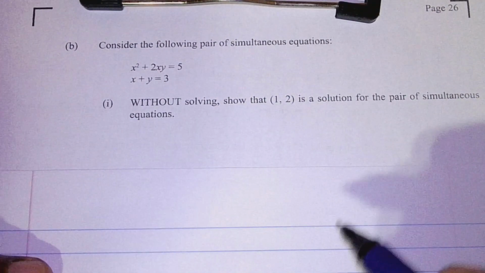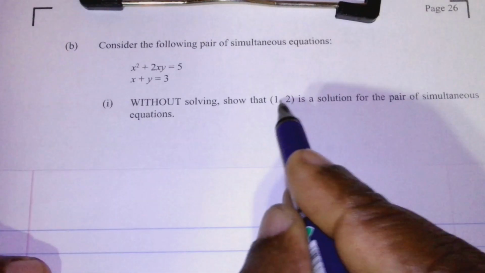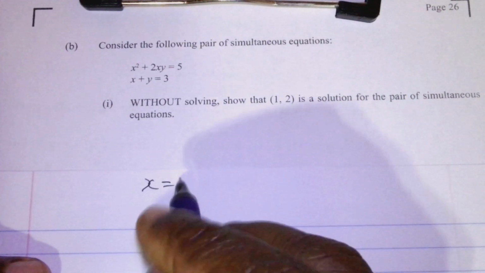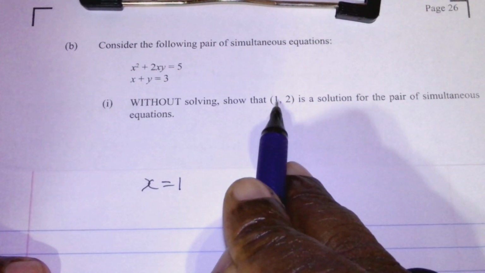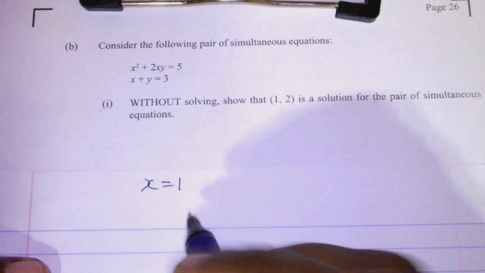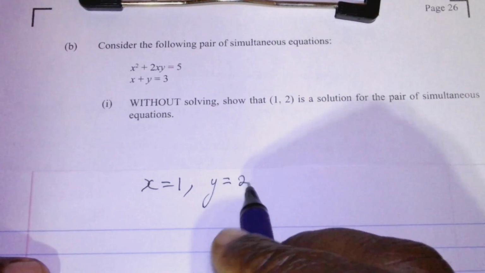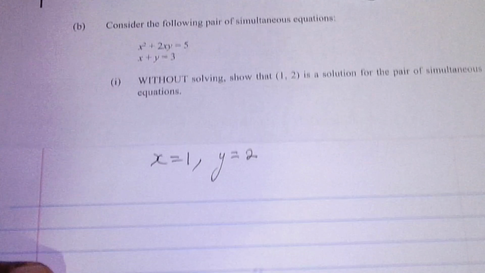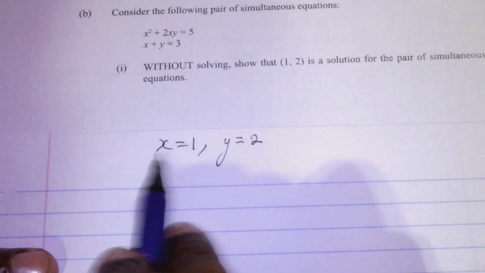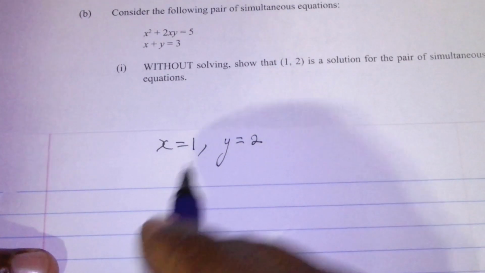So in order for us to do that, we will take x equals 1. That's the first coordinate, the x coordinate. And the second coordinate is the y coordinate. So y is 2. And we're going to substitute x and y with those values 1 and 2 respectively.